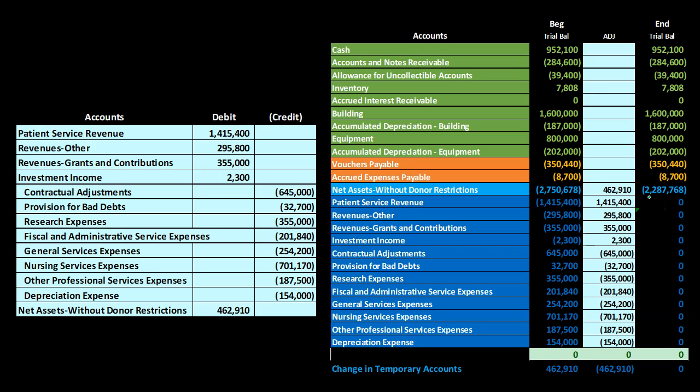We're left with the post-closing trial balance, which only has our balance sheet account types: the assets, the liabilities, and, in essence, the net assets, similar to the equity section. The assets minus the liabilities will equal this $2,287,768. And if we were to add up all of these blue numbers together, that would also equal the $2,287,768.